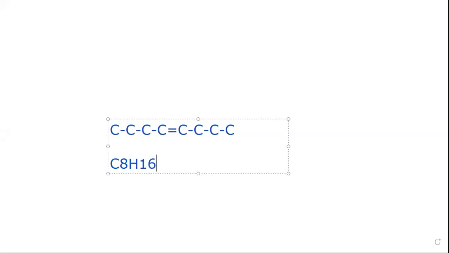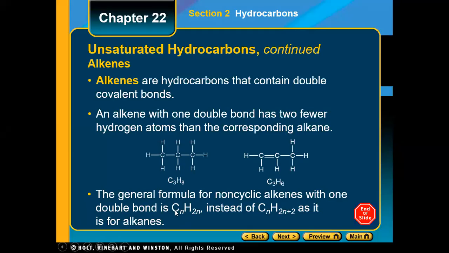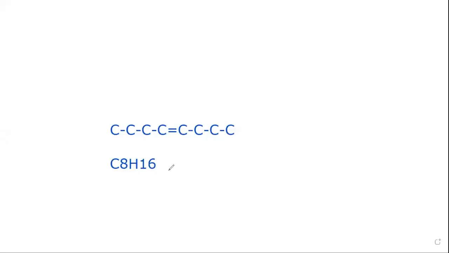Come on, guys. The formula is there. Cn, where n is any number of carbons that you have. H2n. If you have 4, the hydrogen is going to be double of 4, 2 times 4. If you have 10, it's going to be 2 times 10. If you have 8, it's 2 times 8. Therefore, it's 16. Okay, so this is going to be 16. And yes, the formula applies to this because it has only one double bond.